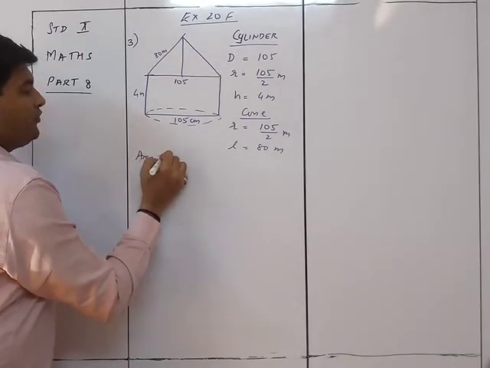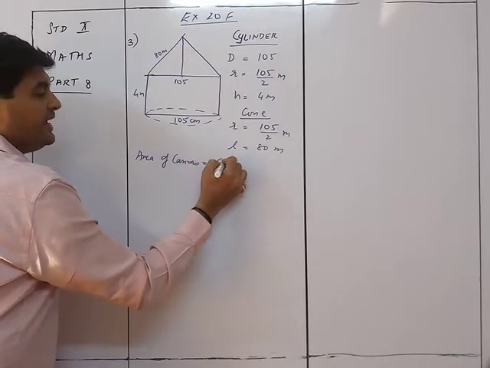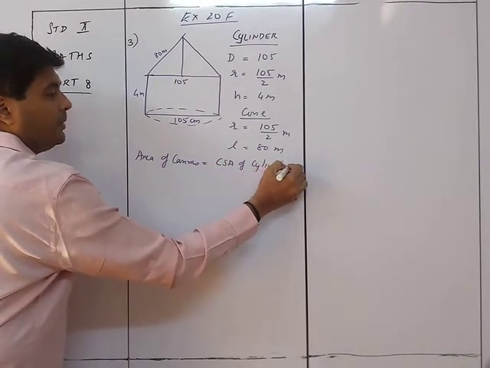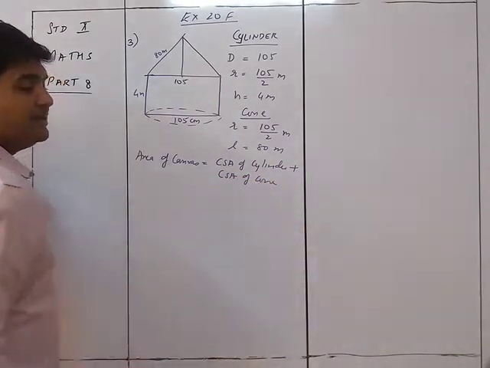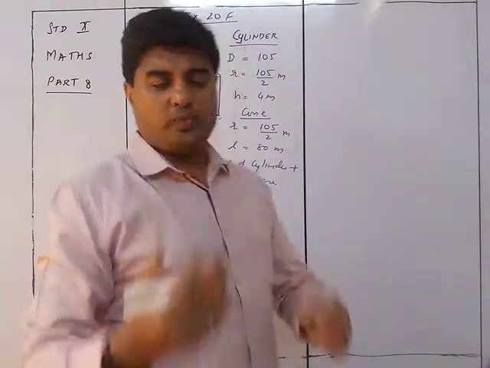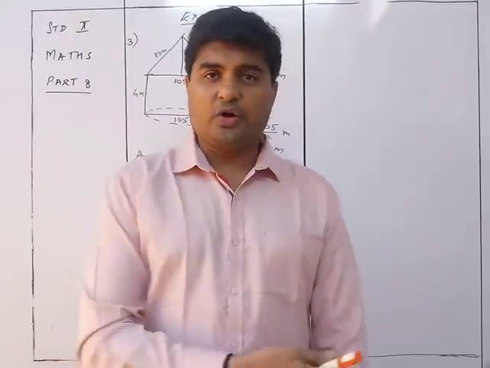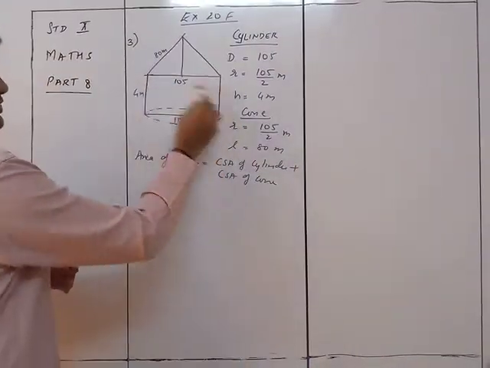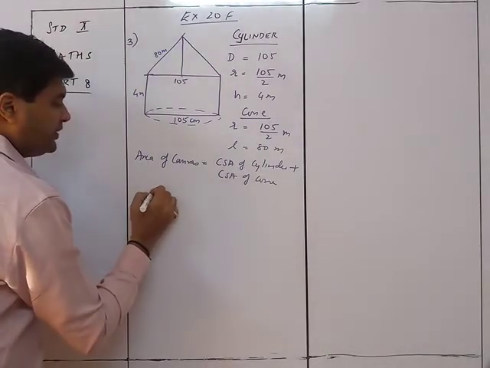Area of canvas is equal to CSA of cylinder plus CSA of cone. CSA of the cylinder and CSA of the cone will give you the amount of canvas which is required. So obviously you are not going to put the canvas at the bottom, so nothing will come there. It is only the sides which is a CSA and this top part which is a CSA. Accordingly, we have the formula over here.